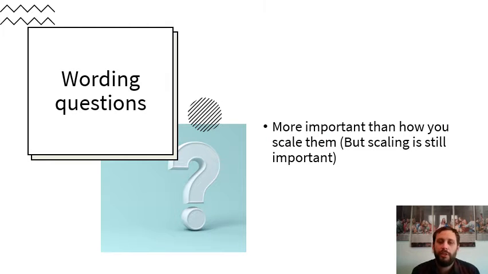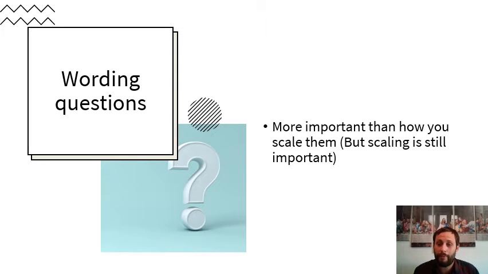So we just previously talked about how to scale questions using the forced choice or the Likert scaling or the semantic differential formatting. However, what's more important is how you word your questions. This has everything to do with our terminology of construct validity.